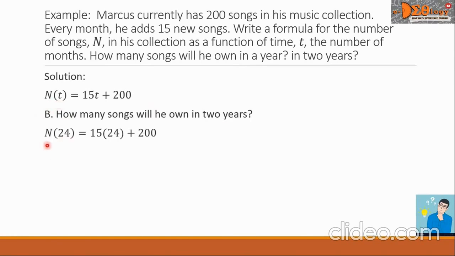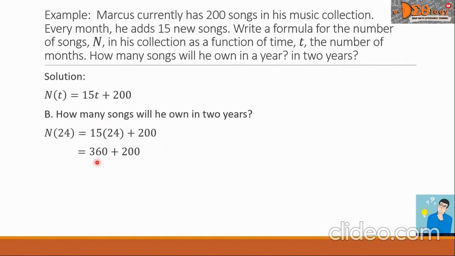So we have N of 24 equals 15 times t, which is now replaced by 24, plus 200. The product of 15 and 24 is 360, and then we copy the plus 200 down here.